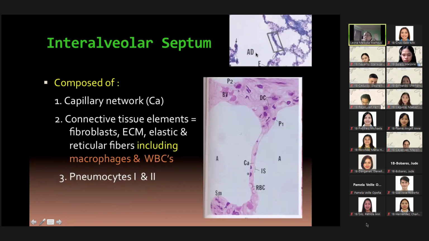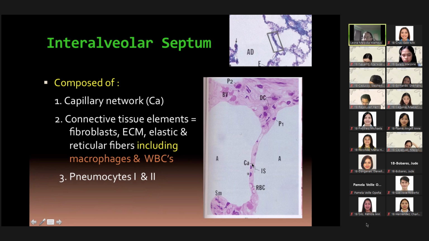Now let's look specifically at what lies between one alveolus and another, what we call an interalveolar septum. What do we see in an interalveolar septum? This here is your interalveolar septum, between one alveolus and another alveolus. We see here a capillary network.